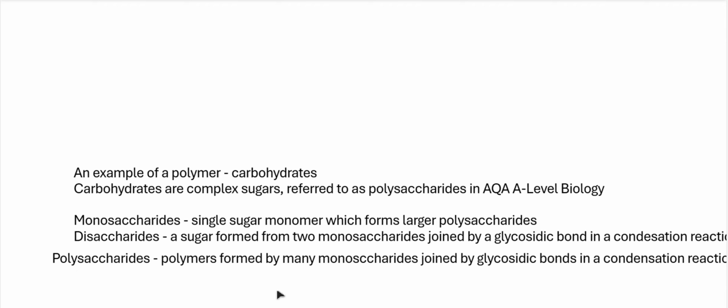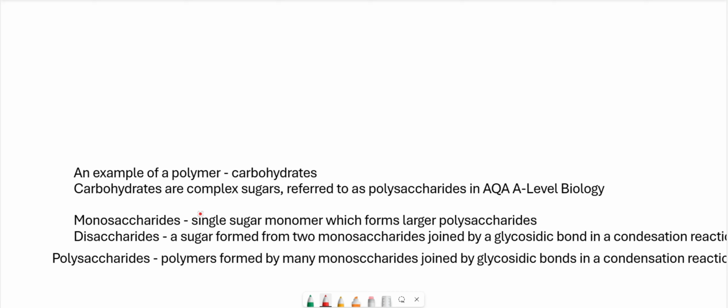Now, you may think, what is a carbohydrate made up of? Well, since it's a polymer and a polymer is made up of monomers, monosaccharides make polysaccharides.